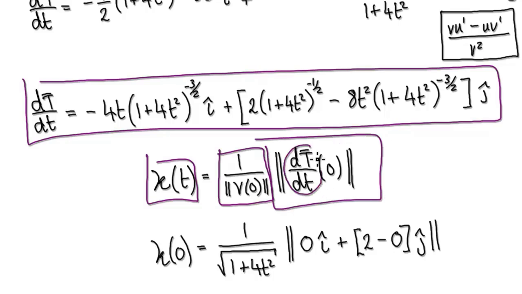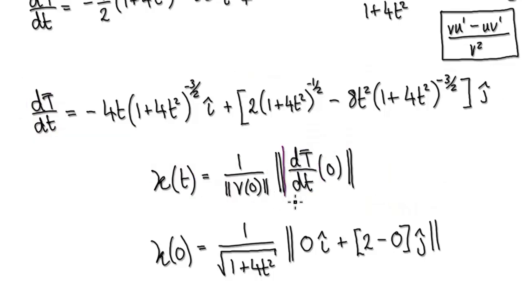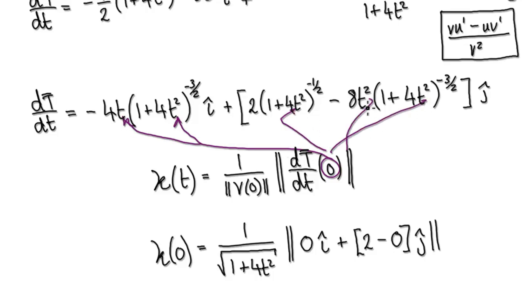But we've got this thing here, we've just worked it out. But the thing is, we want to evaluate it at t equals 0, because remember, we're trying to work out the curvature at t equals 0. So we need to evaluate our dT by dt evaluated at 0. So we've got to put 0 into here, into here, and so on.